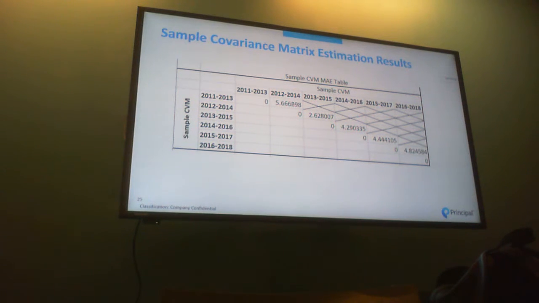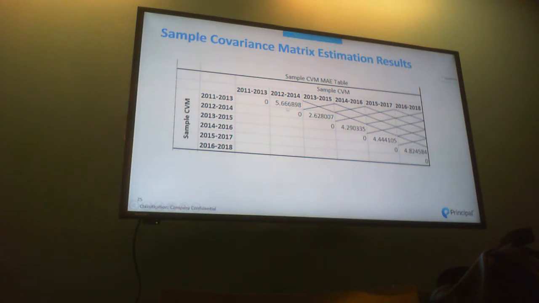Okay. So the covariance matrix at time t, is it the 70 bonds or is it 100 bonds? 100 bonds, right? Yeah, 100 bonds. Okay, and then your covariance matrix at time t plus 1 is the covariance between bonds from 2012 to 2014.